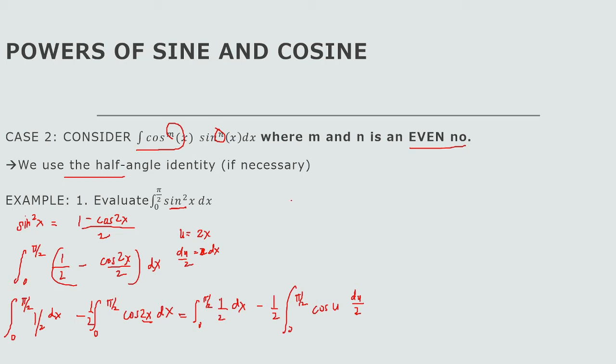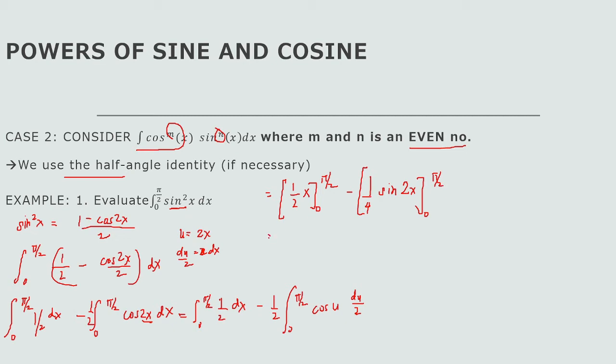So continuing, that is 1/2 x from 0 to pi over 2 minus 1/4 cosine u du. Integral of cosine u du is sine u. So sine u is sine 2x from 0 to pi over 2.